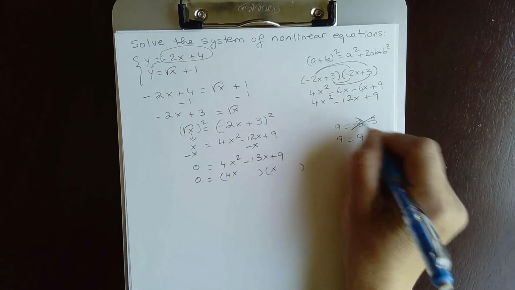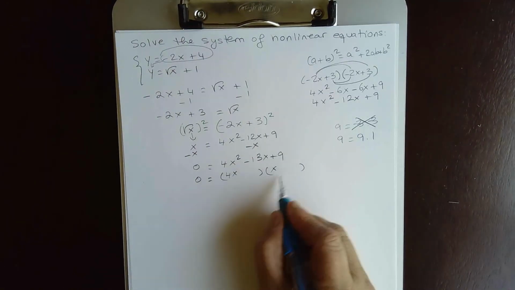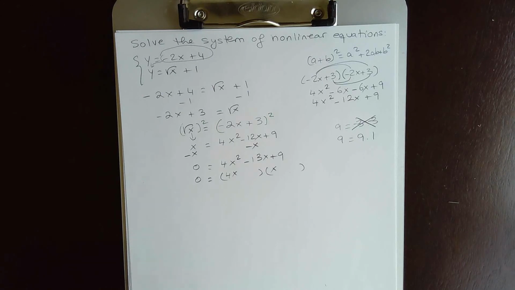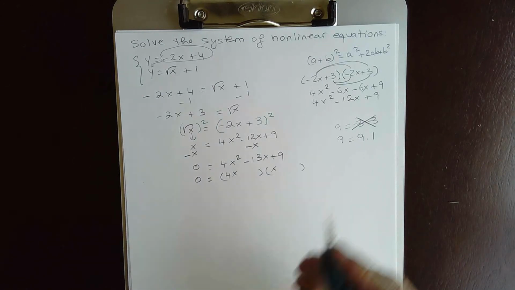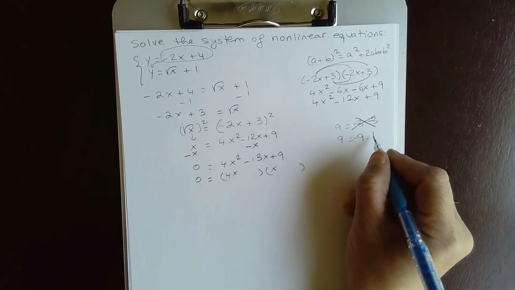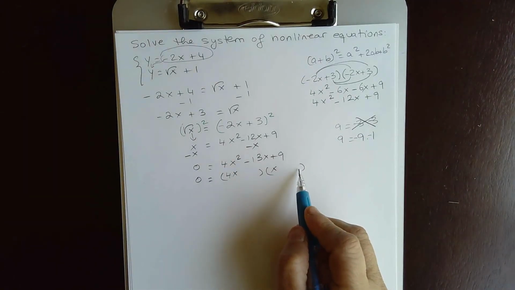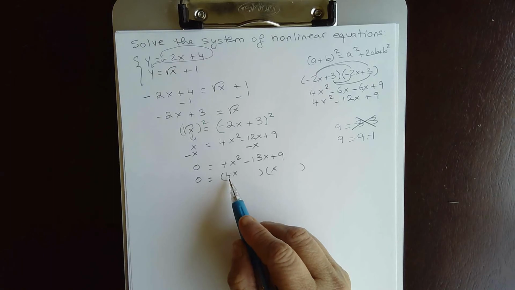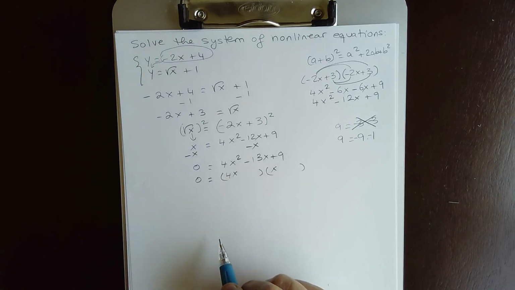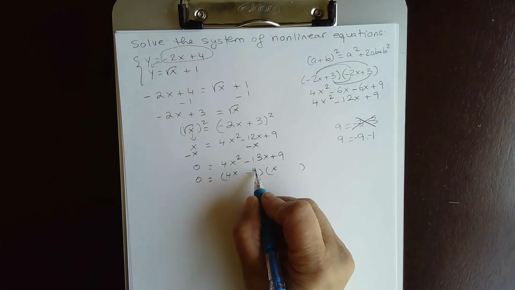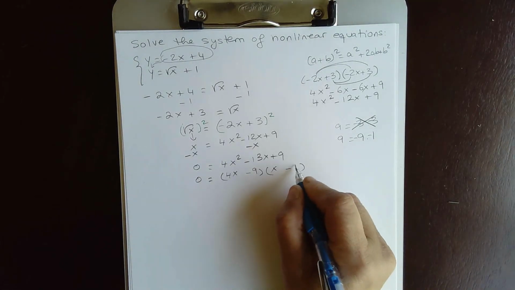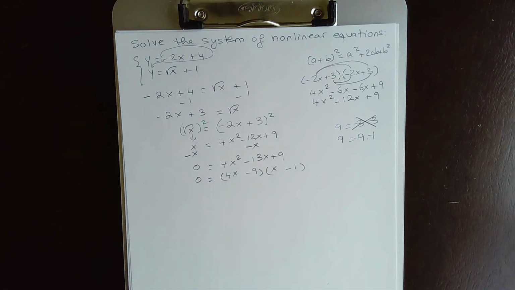So this is not a possibility, because if you plug it in and do the FOIL, you realize that's not the right factoring. But let's try negative 9 and negative 1. If we put a negative 9 here, negative 9 times 4 is negative 36. That's very large, so that's not going to work out. But if you put a negative 9 here and negative 1 here, you realize that's going to work.